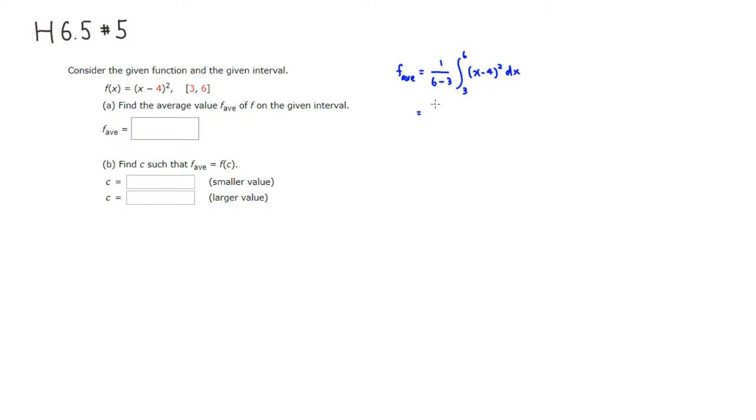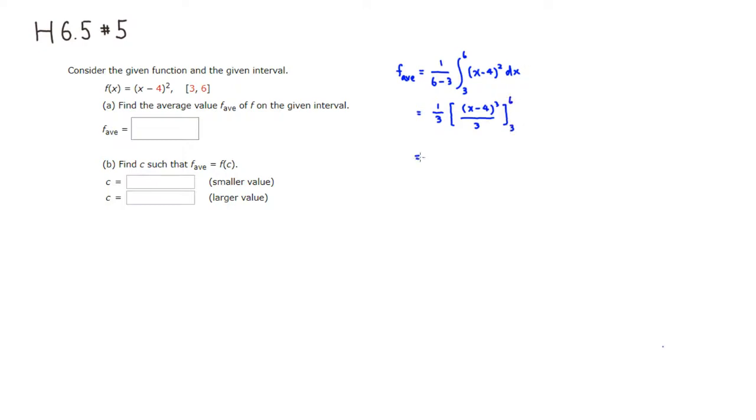So this is going to be 1 over 6 minus 3, which is 3. And the antiderivative of x minus 4 squared would be x minus 4 cubed over 3. And then we're going from 3 to 6.